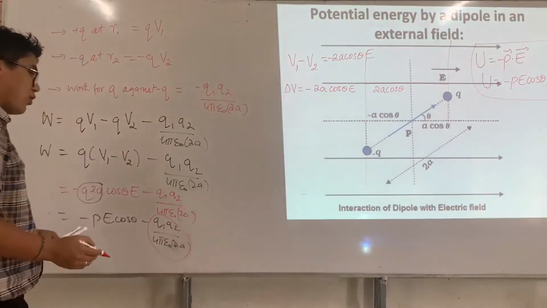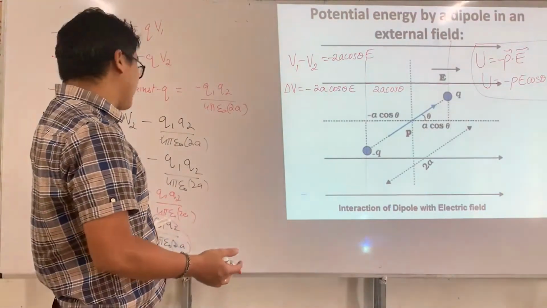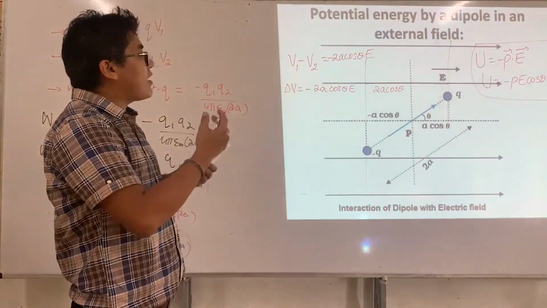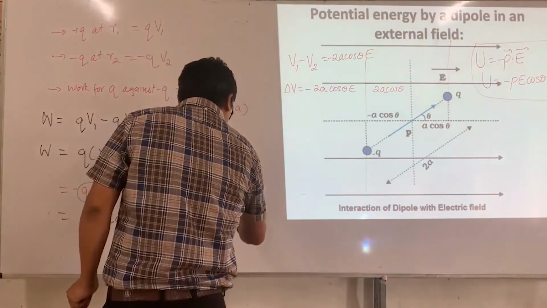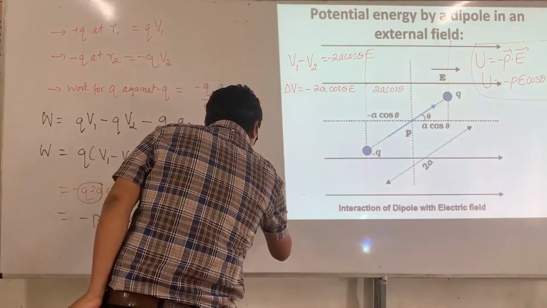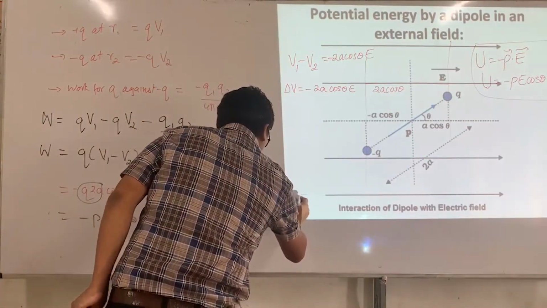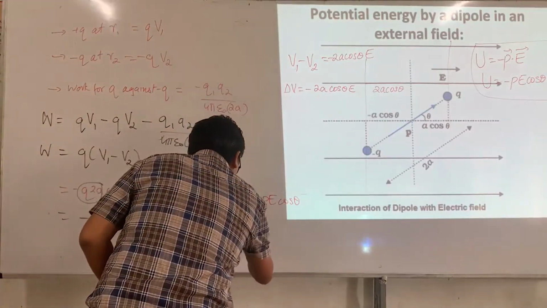Why? Because the electric field is so strong that the interaction between Q1 and Q2 is almost negligible. So the total work can be written as minus PE cos theta, and work is stored as potential energy.